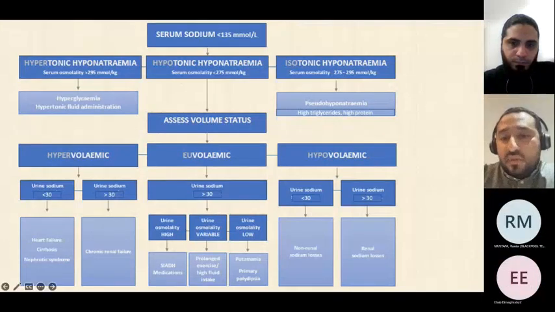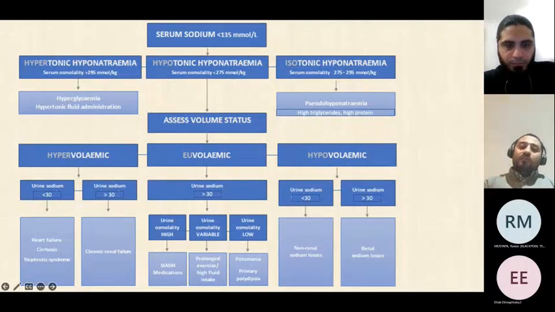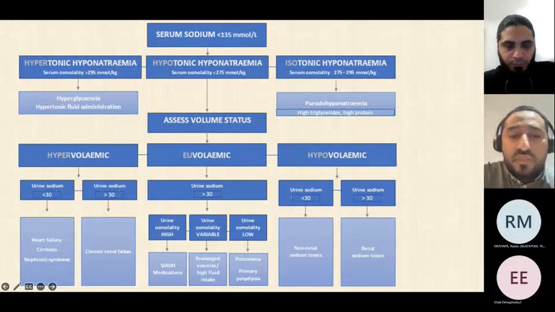Or if the patient is having renal sodium losses, you will have urine sodium more than 30. In euvolemic, usually the urine sodium will be more than 30. And then it's according to the urine osmolality.